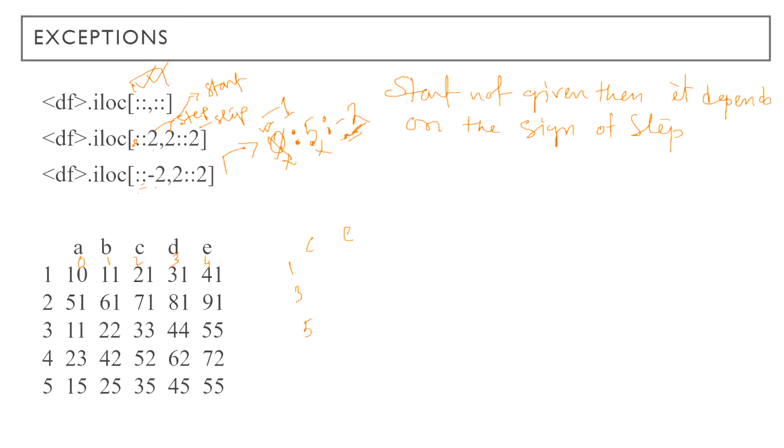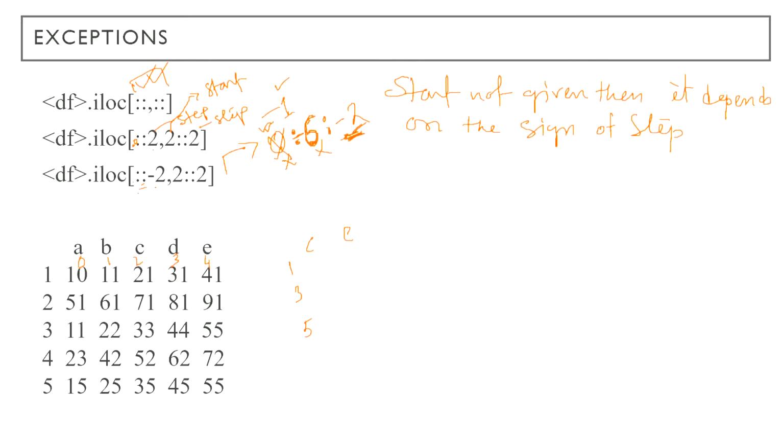Because here the sign of step value is -2, that's why it will be -1. Okay, it will be -1. So, accordingly, the stop value will also change, it will become -6. Okay, this stop value will become -6, or you can consider that all the rows will come.